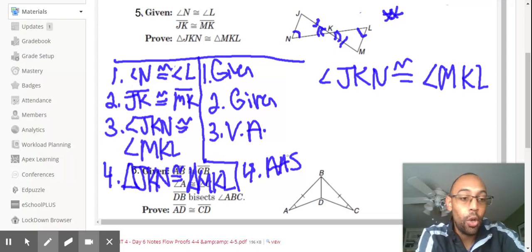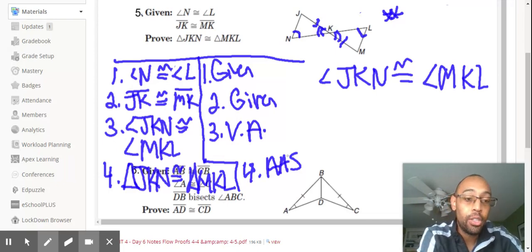But I wanted to at least go through these 2 so you have them in your notes. And then hopefully when we get to class, I can address all questions and concerns and do a lot more proofs so you have even more proofs in your notebook so you can get accustomed to how these work. Okay? The goal is for you to practice these over and over and over again so you get accustomed to it.